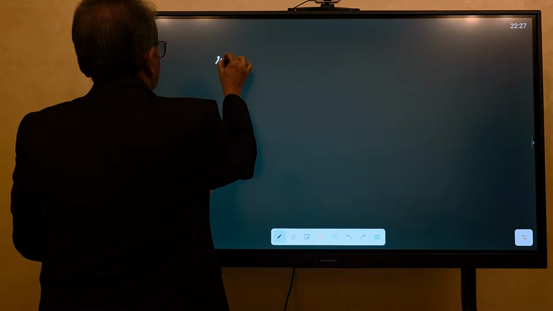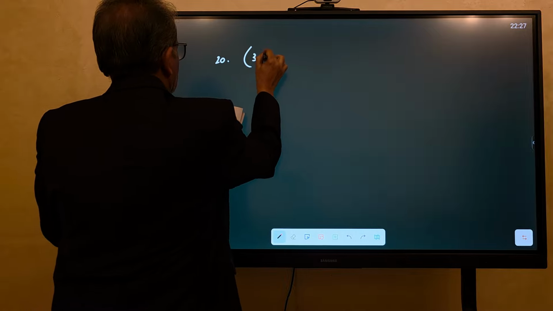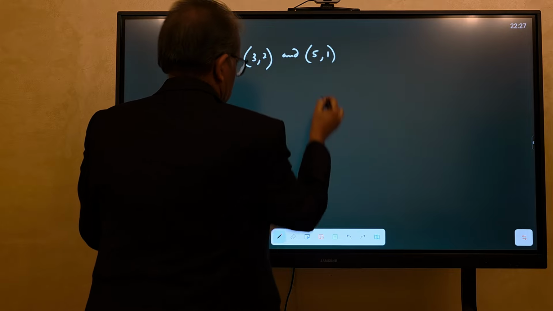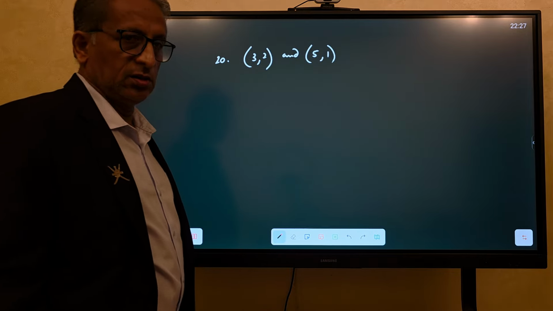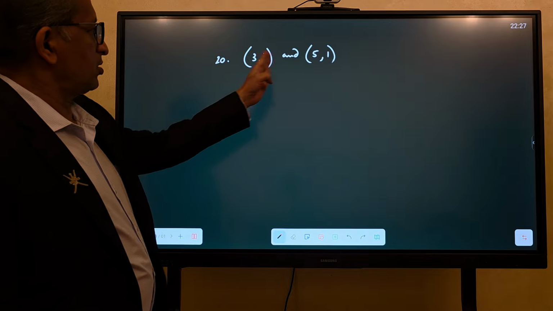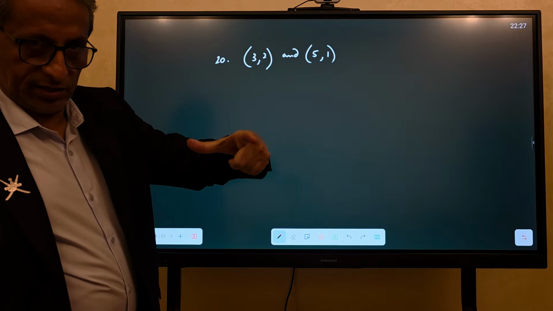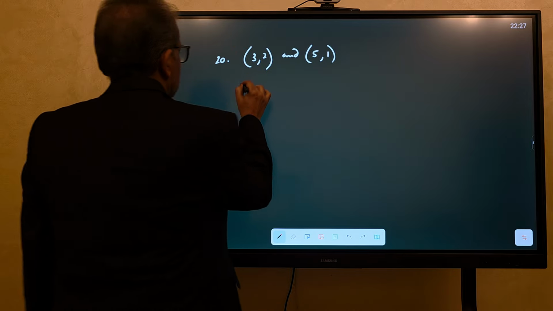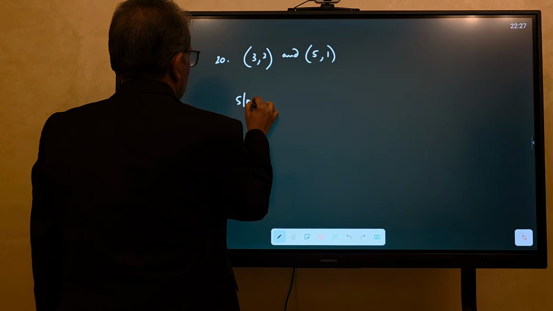Number 20: (3, 2) and (5, 1). These 2 points are given. When I join these 2 points, I get a line, and I am finding the slope of that line.